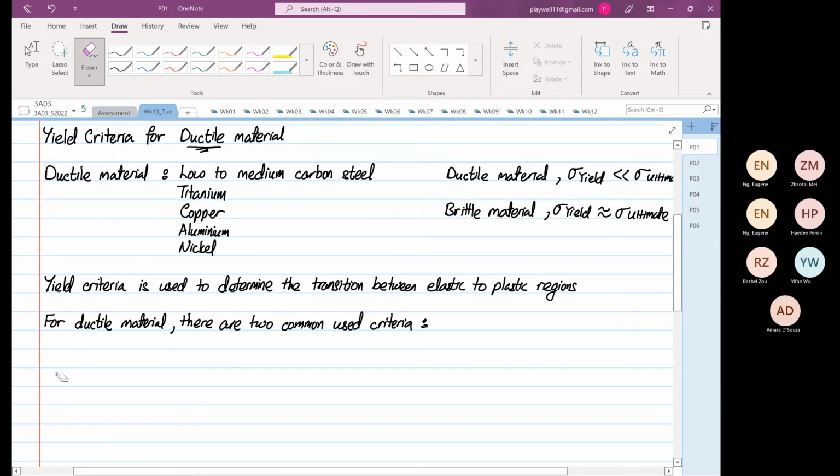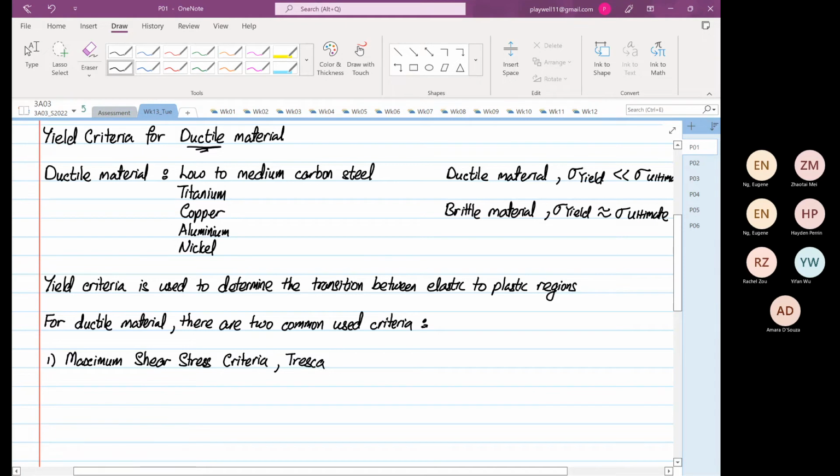The first one, number one, is known as the maximum shear stress criteria, and is also known as Tresca.